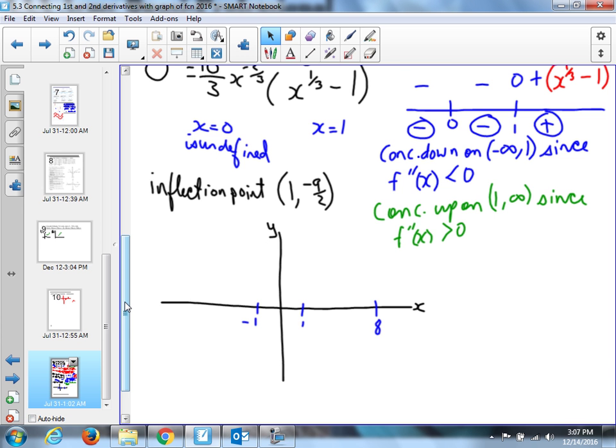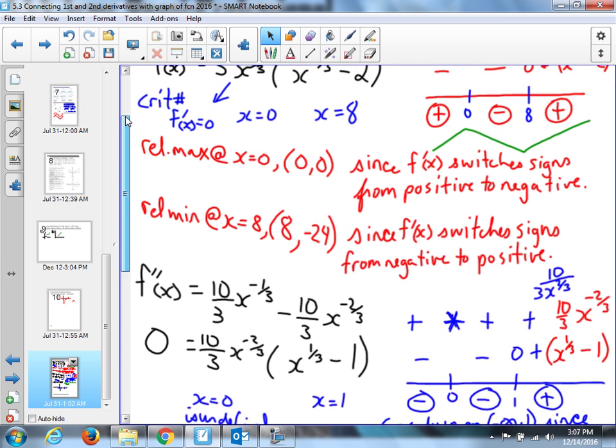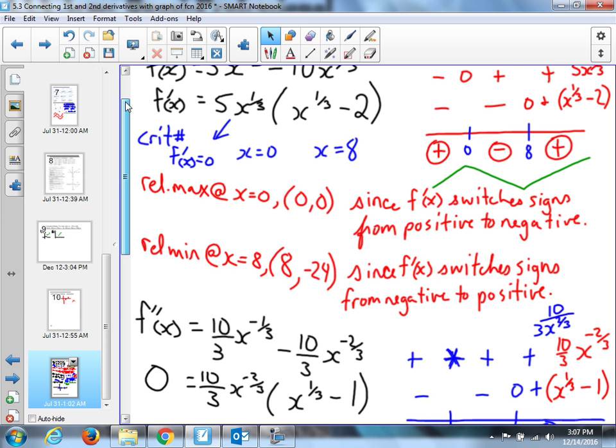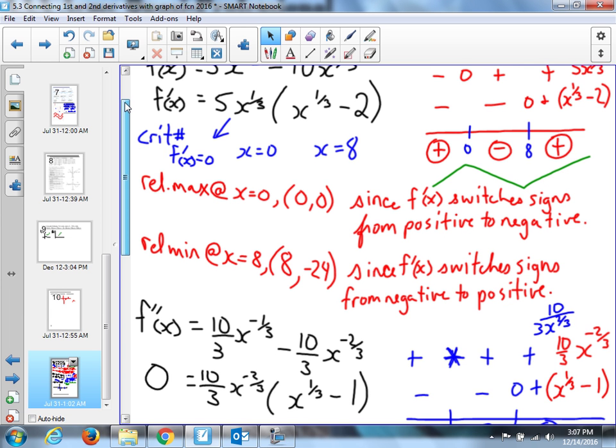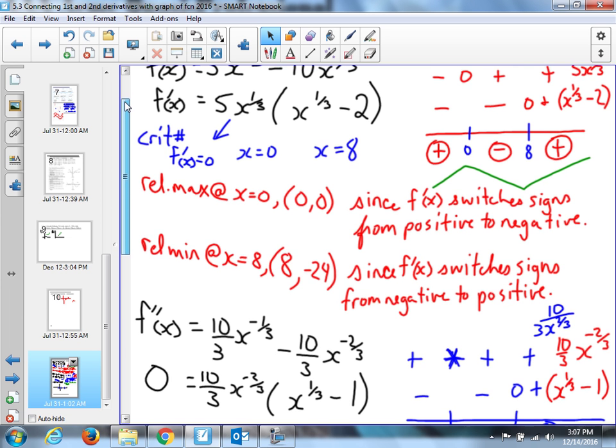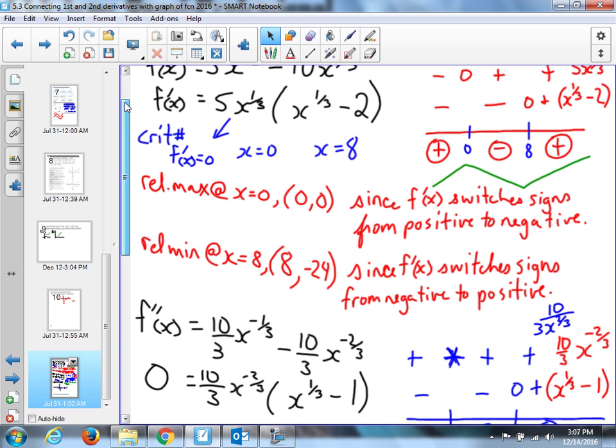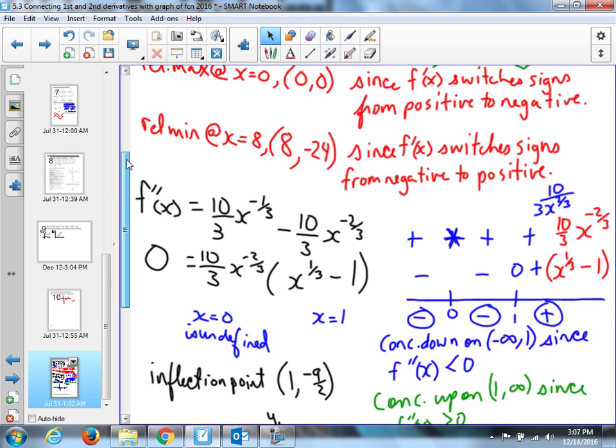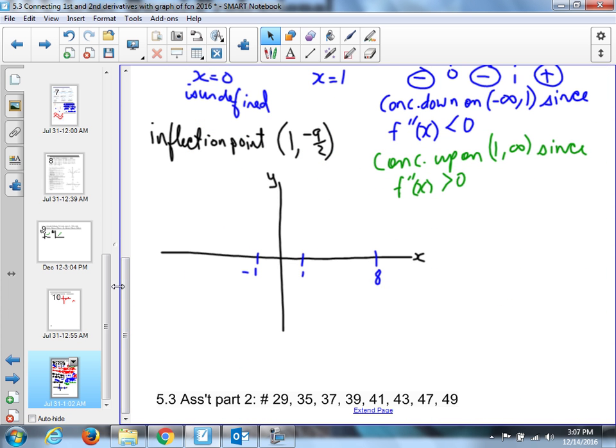What happens at 0? You remember? It switches from increasing to decreasing, there's a relative maximum. Relative max at 0. It goes from increasing to decreasing. And at 8, it starts going back up.